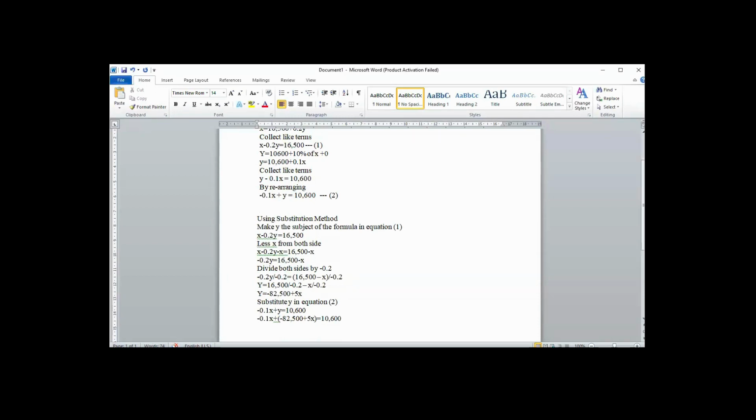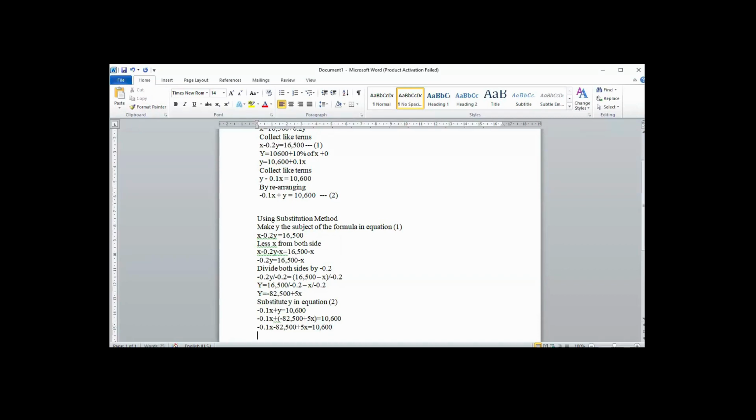Open the bracket. When we open the bracket, we have minus 0.1x, then minus times plus gives minus, 82,500 plus 5x equals 10,600.